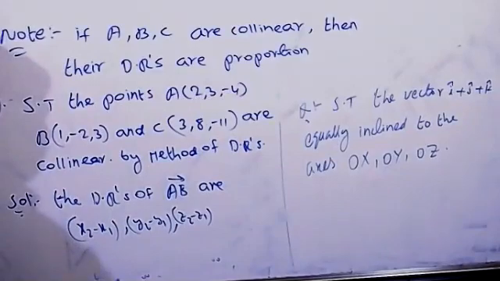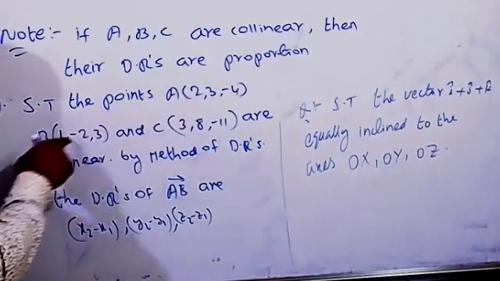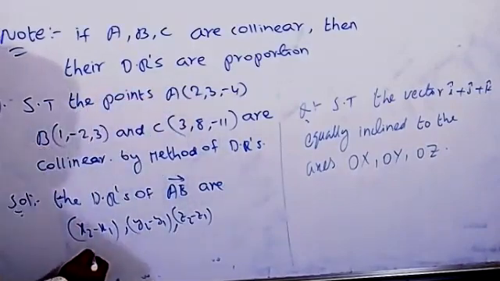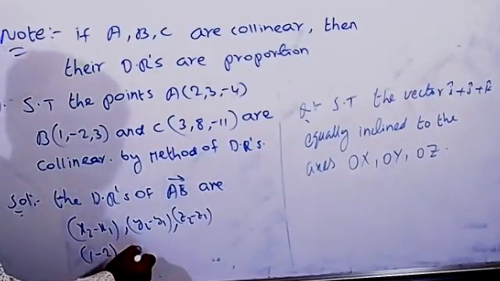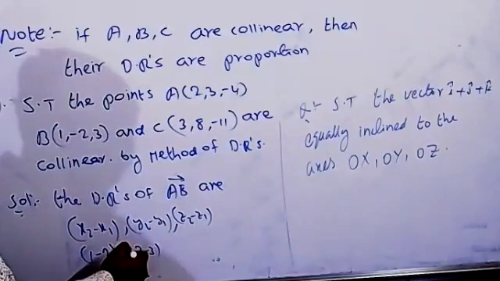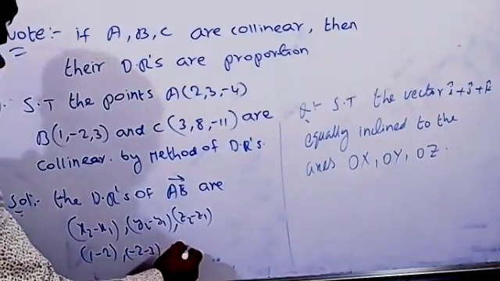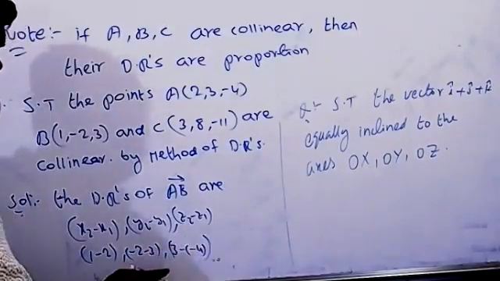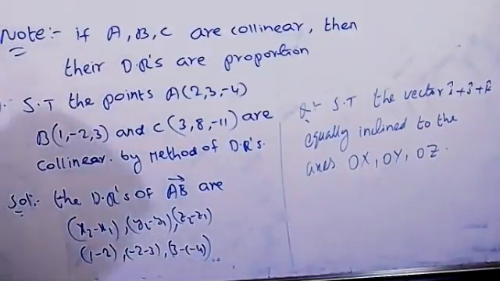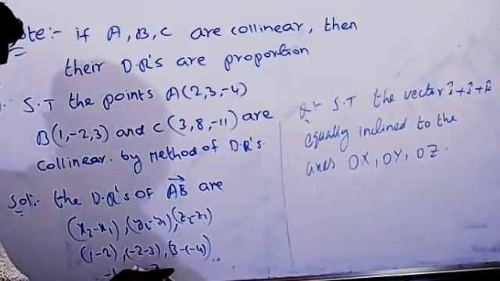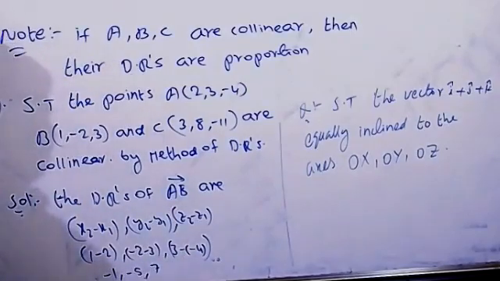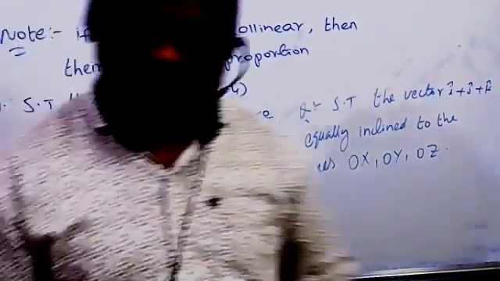Taking A and B, we get 1 minus 2, minus 2 minus 3, and 3 minus of minus 4. So 1 minus 2 equals minus 1, then minus 5, and 7. The direction ratios of AB are minus 1, minus 5, 7.